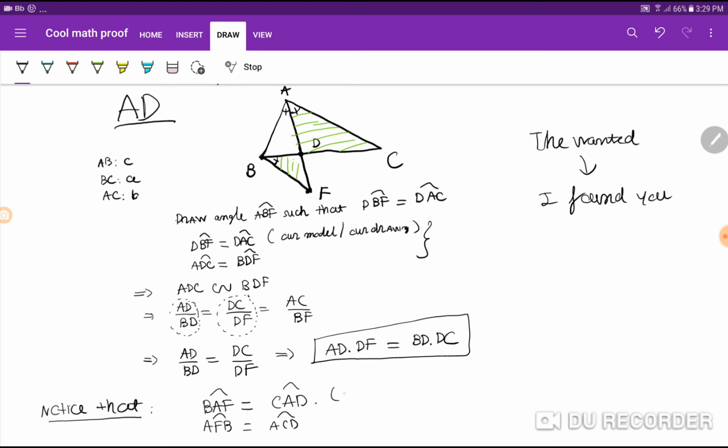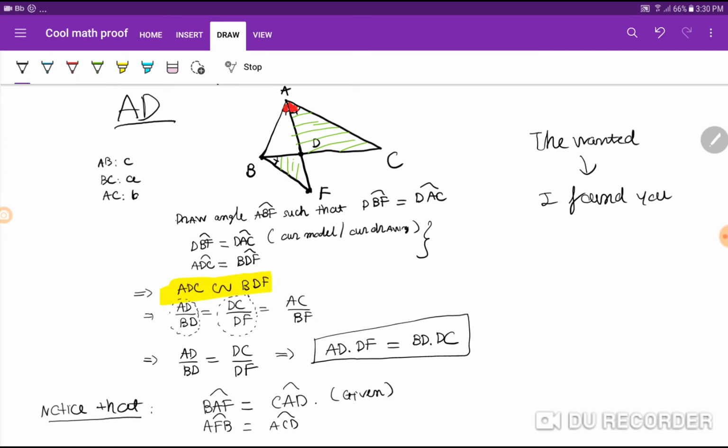This is given because it's the bisector. This right here, let me highlight it. These two angles are equal. But why is AFB equal to ACD? Well, it's because of this thing right here we just proved.